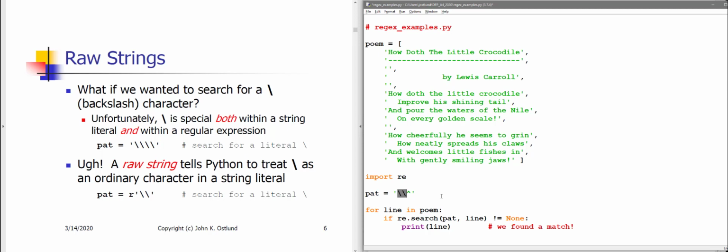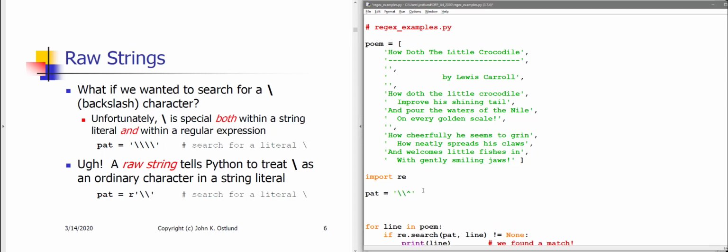The problem here is that it's a nuisance, it's a mess, to have to remember to double your backslashes all the time whenever you're typing a regular expression pattern. In fact, if I wanted to search in this poem for a line that contained a backslash, I would have to specify backslash backslash to get one backslash, backslash backslash to get another backslash.